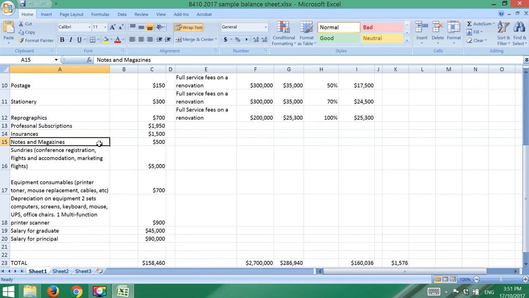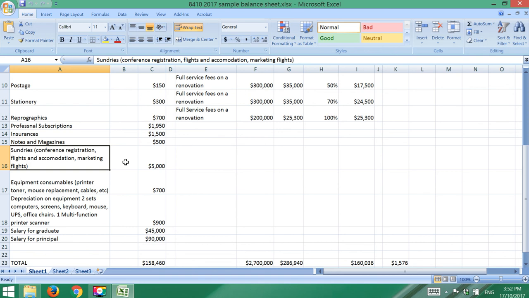This is just me at the newsagents buying magazines of stuff that I like. Then sundries, which is basically conferences, registrations, flights, accommodation, marketing, and so on. Some of this might come back as income because of the marketing. If I fly over to see somebody to try and get a job, and then I get the job, I will get that money back.